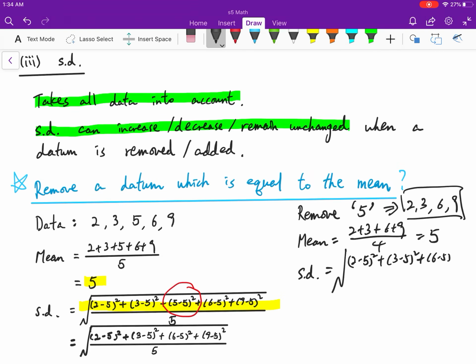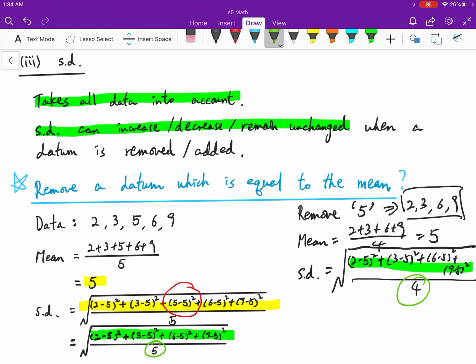And then let's look at the SD. The formula is (2 minus 5) squared plus (3 minus 5) squared plus (6 minus 5) squared plus (9 minus 5) squared, and then over 4. So can you see that? The numerator here is exactly the same as the numerator of the previous one.